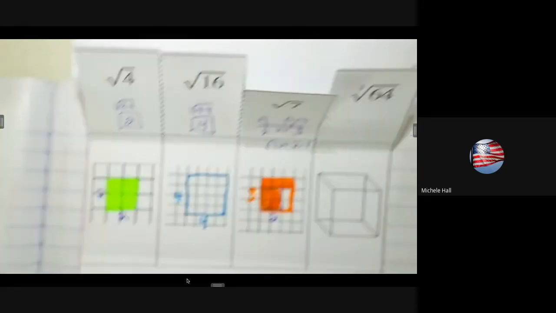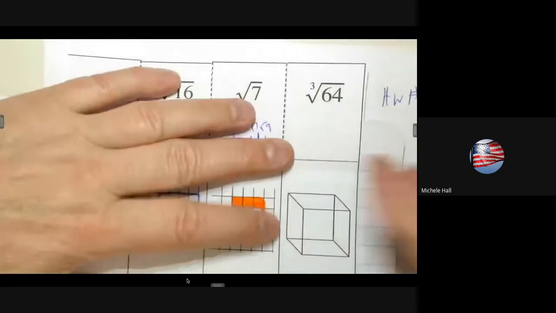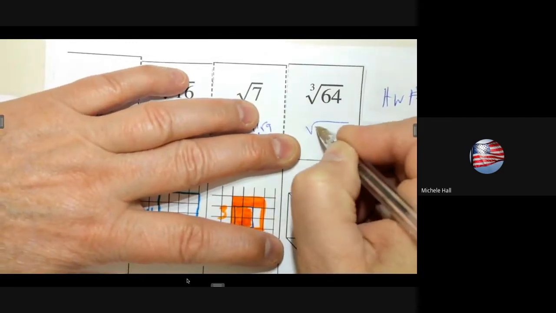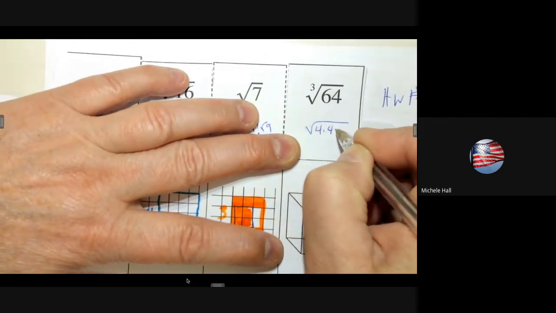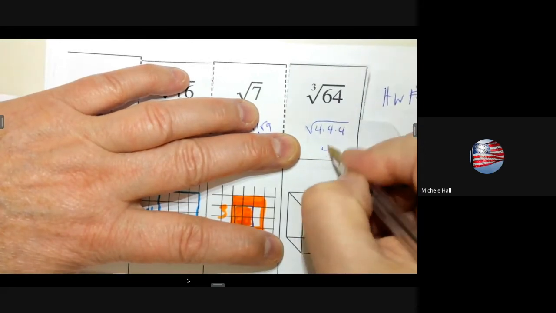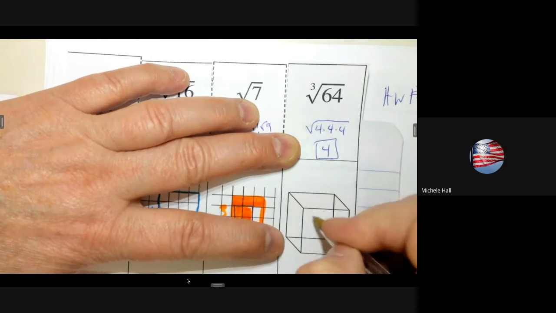The cubed root of 64 means that you need 3 of something under the root. That would be 4 times 4 times 4 equals 64. So the cubed root of 64 is just 4. Now it's 3-dimensional.